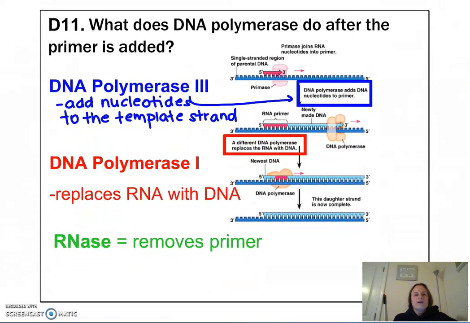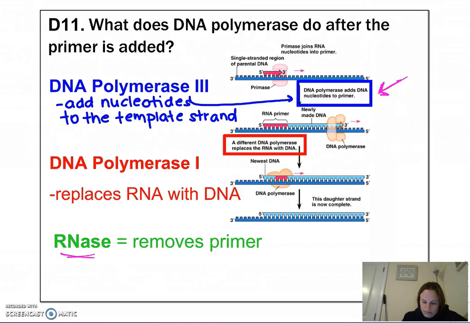So now, the primer is added. Don't need it anymore because I'm done with that section of replication. So DNA polymerase 3 is what added the DNA nucleotides to the original strand.